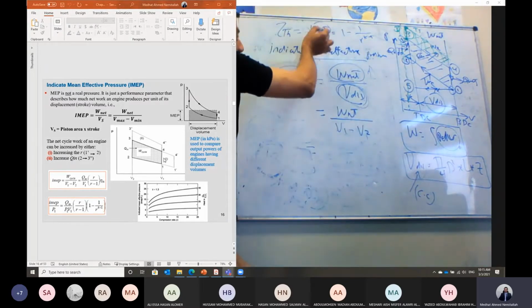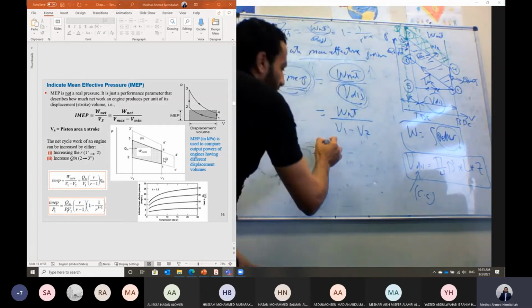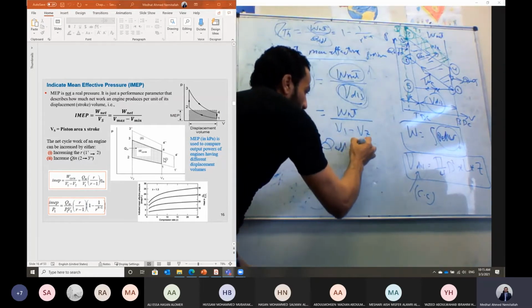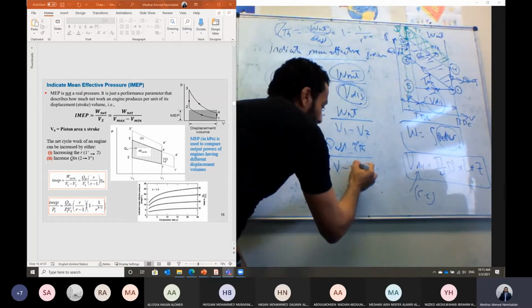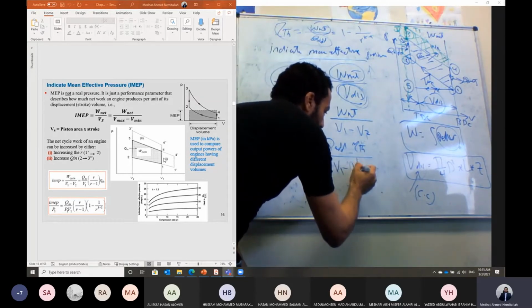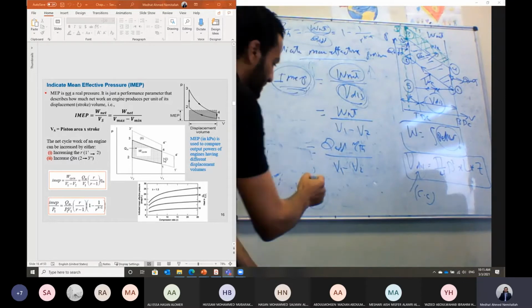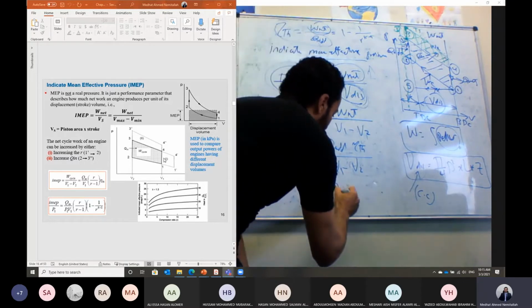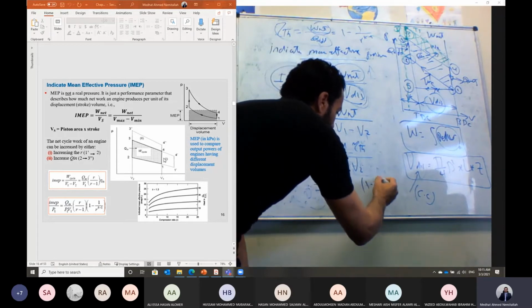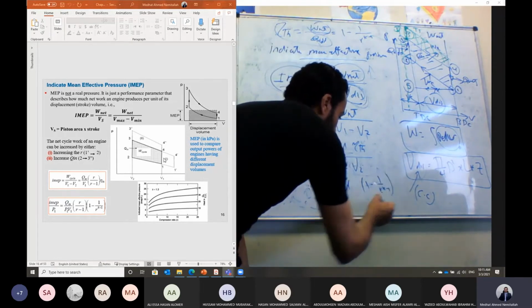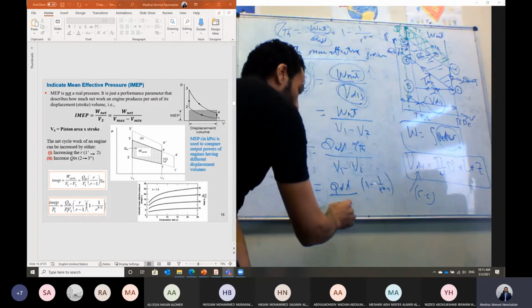So work net in this case will equal Q added multiplied by the thermal efficiency, divided by V1 minus V2. Let's substitute here, so it will be Q added times thermal efficiency, which is 1 minus 1 over R to the power K minus 1, divided by V1 minus V2.